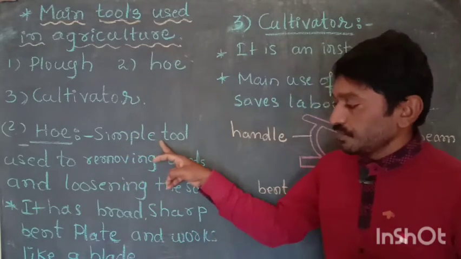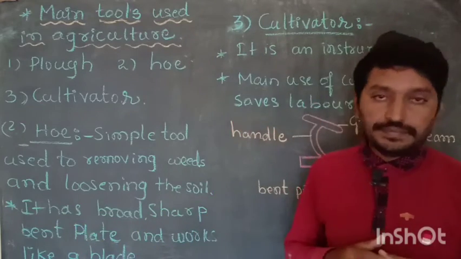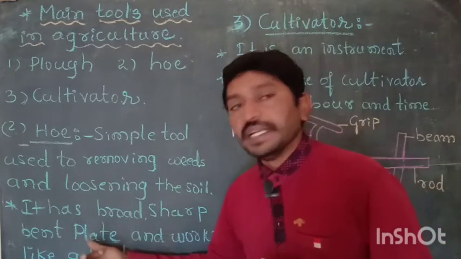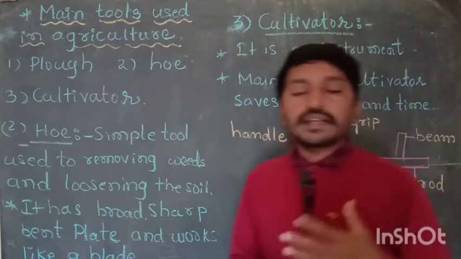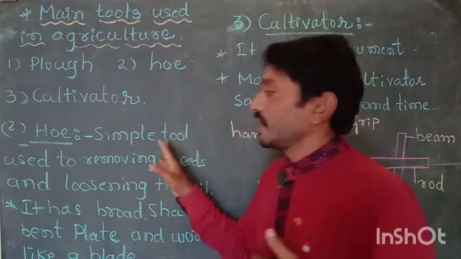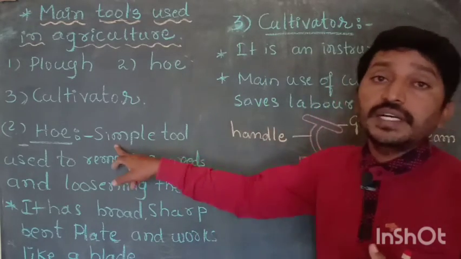It has a broad and sharp blade, a bent blade. This bent blade acts like a blade to cut and to remove the weeds from the soil.